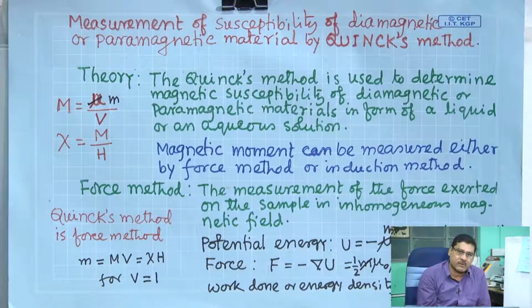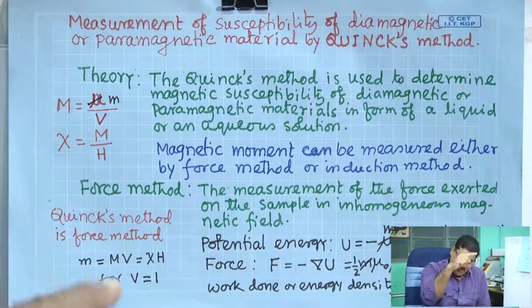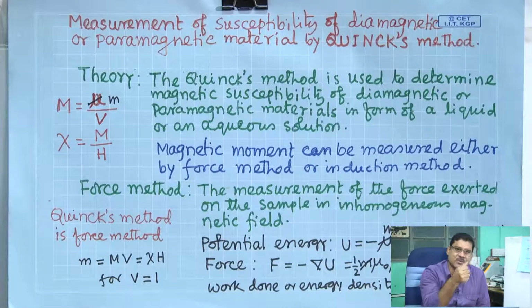Another method is called the force method. If a magnetic material having magnetization is in an inhomogeneous magnetic field, meaning the magnetic field changes as a function of distance, then there will be a force acting on this material due to the magnetization.